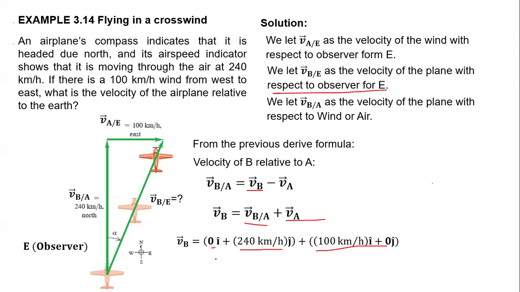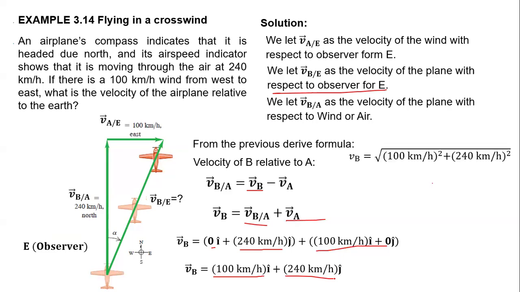If you combine like terms, 0 I hat plus 100 kilometers per hour I hat, you have 100 kilometers per hour I hat, 240 kilometers per hour J hat. That is your vector, the velocity of the plane with respect to the observer. The magnitude of that, using this formula, is 260 kilometers per hour.